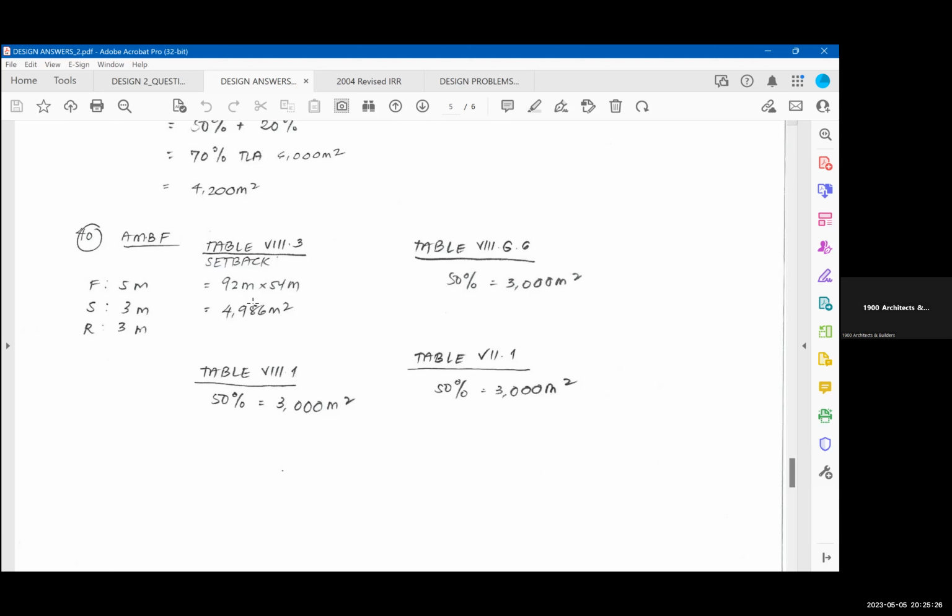Pag wala siyang sinabing, refer to table 8.1 of rule 8 or rule 7, magre-refer kayo base dun sa information sa statement of the project. Okay? But then, if in-state niya, dun kayo magbabase sa libro kung saan niya pinapahanap ng question.